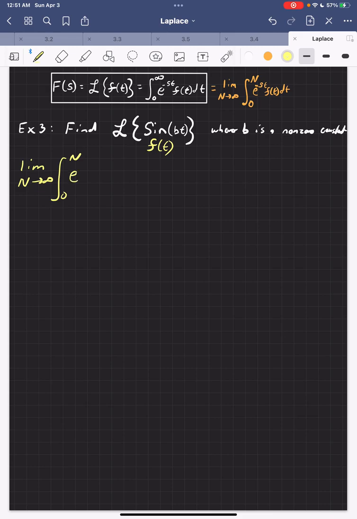So e to the negative st, and now you can imagine that sine of bt goes here, multiplied by sine of angle bt, and we are integrating with respect to t.